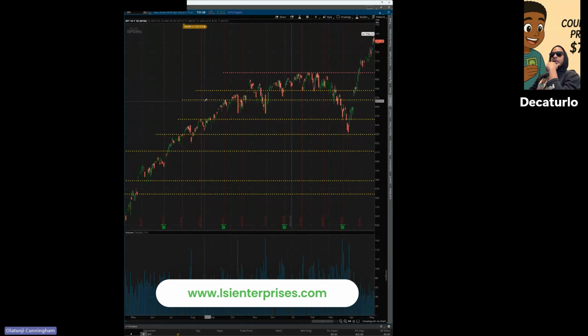So if I see what they call a counter wick in a certain area, like right here, I'm just gonna cover this whole area right here. I'm not gonna be waiting on one line. Anything close to the area, I'm watching for it. Or I might take profits because I know it's gonna react in the area. You can do it right here. I like to draw boxes on mine to cover the wicks as well as the body.